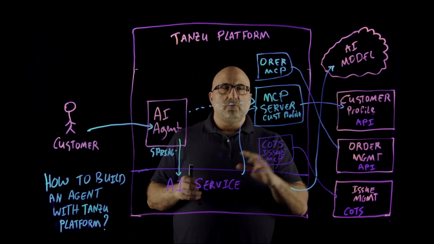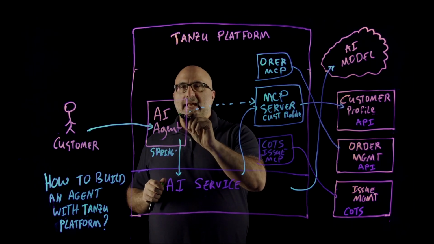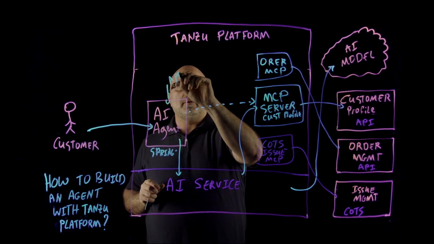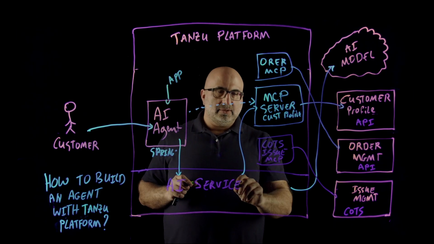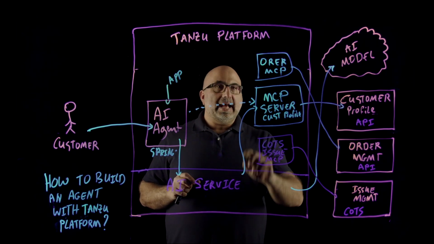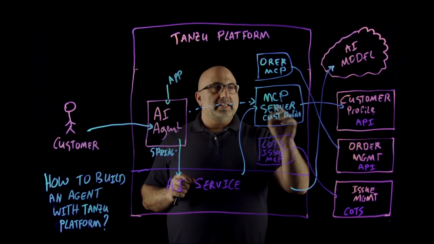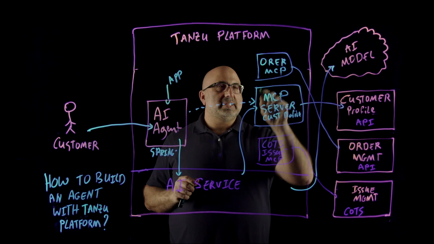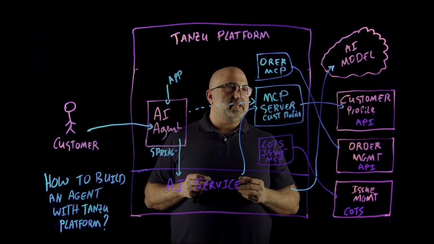And effectively, what we get from this is the following. This is just an application running on the platform. So this is just an app. And this application is able to use the Tanzu AI service to access all of the different data sources that it needs. And the access to these data sources is modular because we're going through industry standard MCP servers, which you can think of as connectors to these various things.